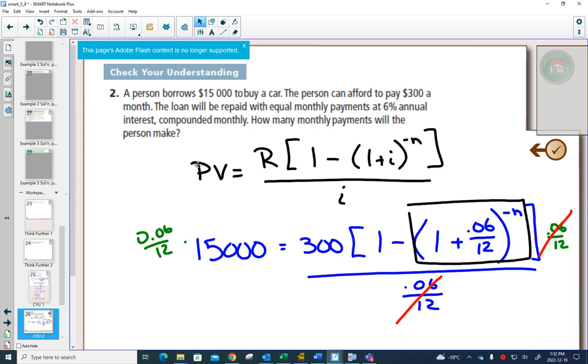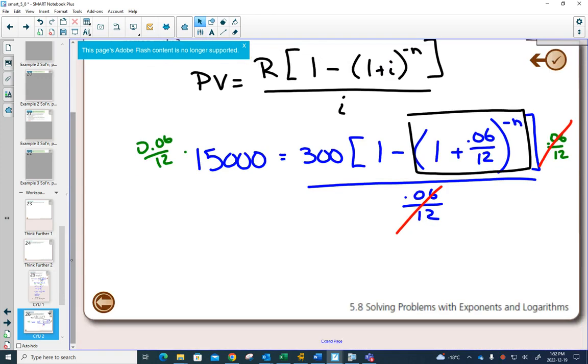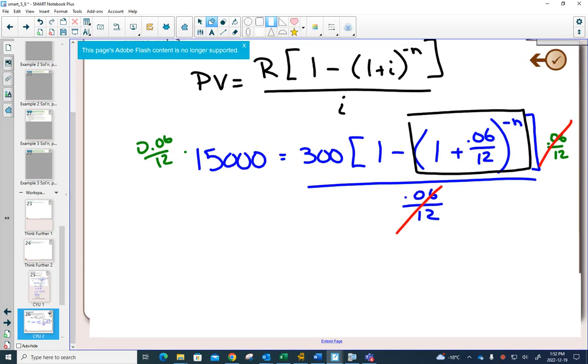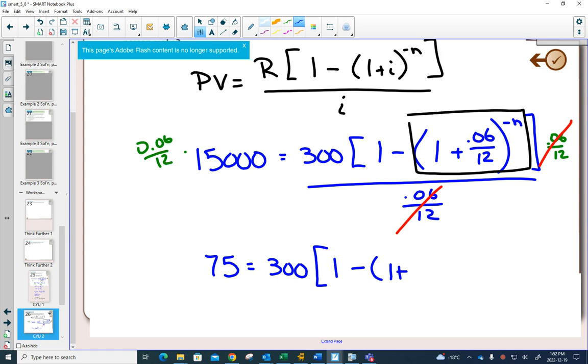Take out our calculator. $75. Oh, it works out to a nice number. So now I would divide both sides by 300.